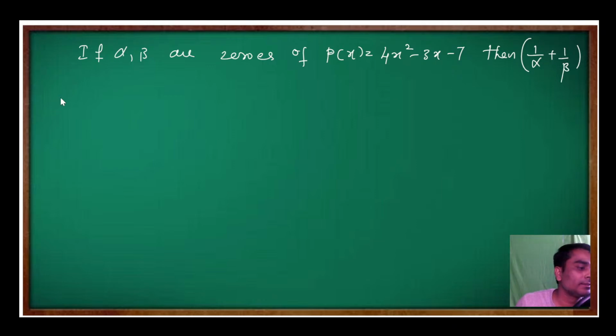How much? One by alpha plus 1 by beta, how much?